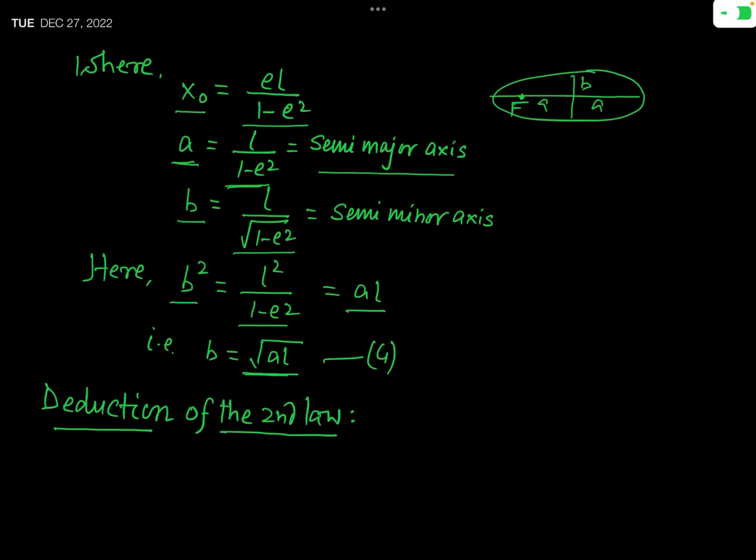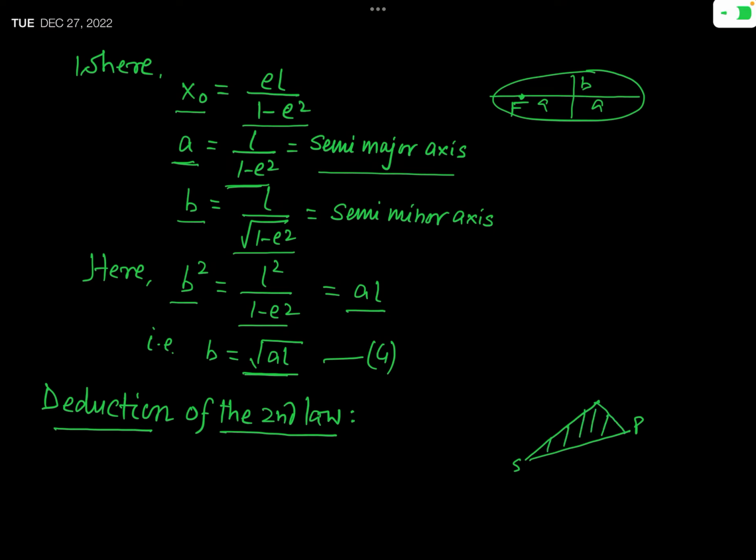What is the second law? The second law says that when a planet moves, the radius vector of the planet with respect to the sun sweeps out equal area in equal time.